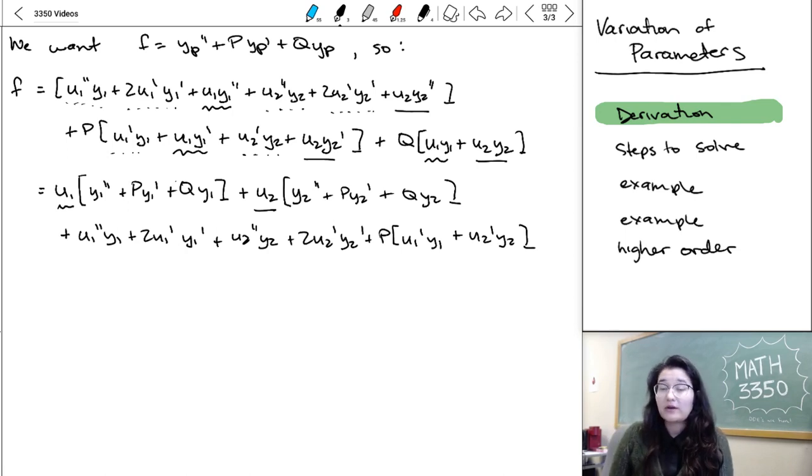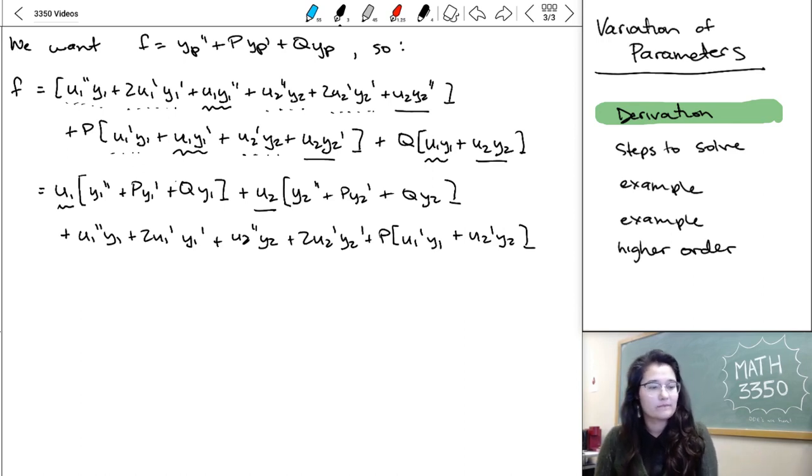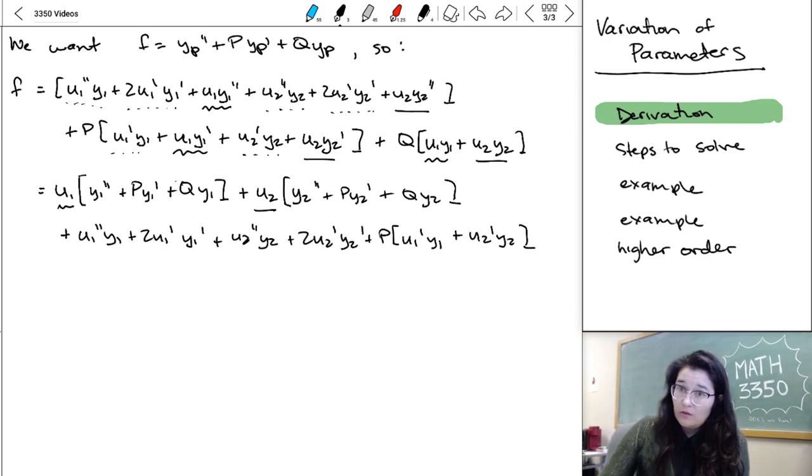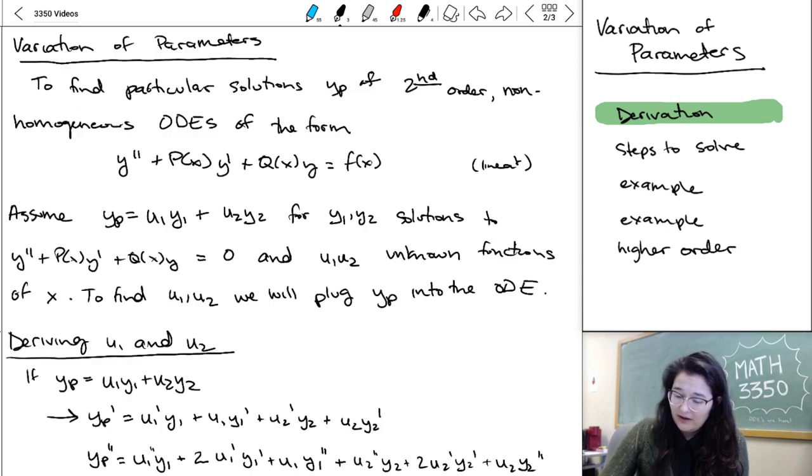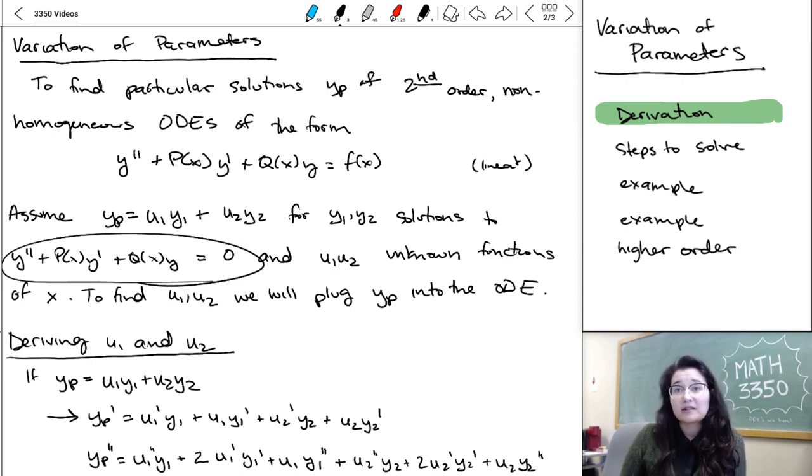Real quick, I just want to note that y1 and y2 are solutions to the homogeneous differential equation, where y double prime plus py prime plus qy is equal to 0.